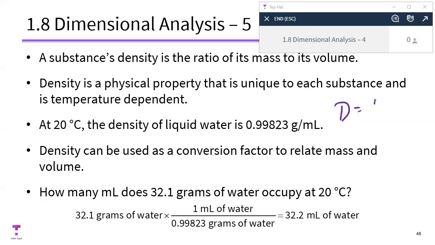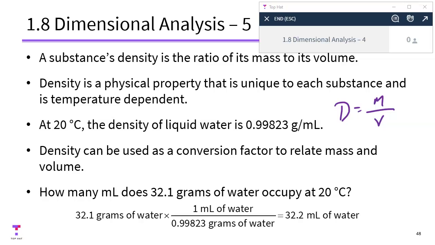D is equal to M over V. And if we're calculating density of objects in a lab, that's exactly what we do, right? We find the mass of the object, we find the volume of the object, we take the ratio of those two, that gives us the density of the object. We did something similar to that earlier this week in lab, in the measurements lab.